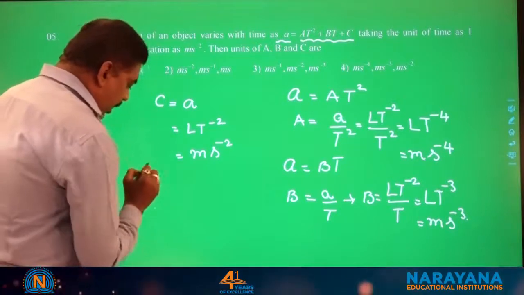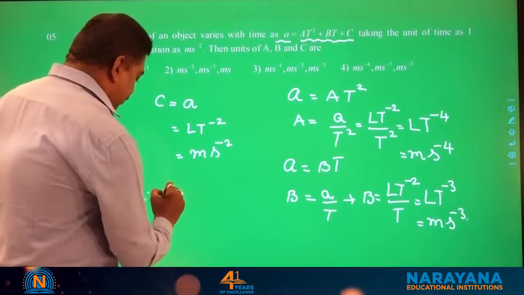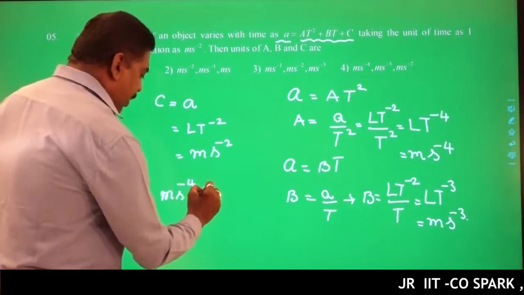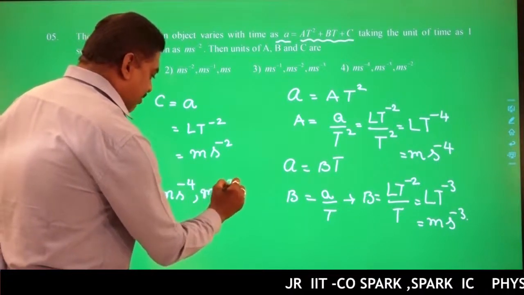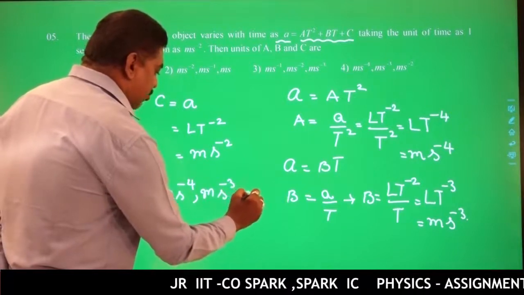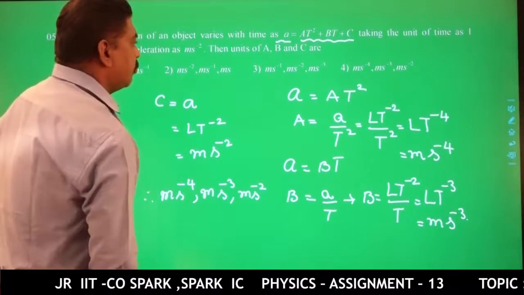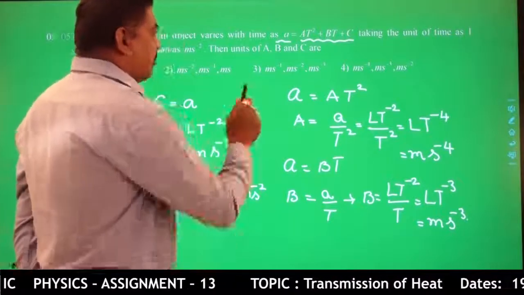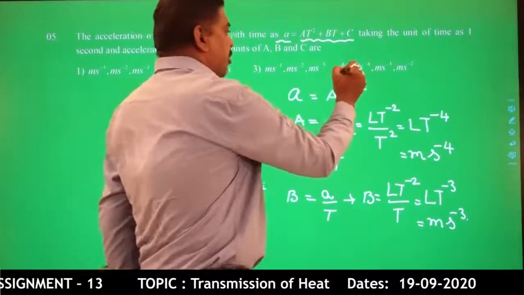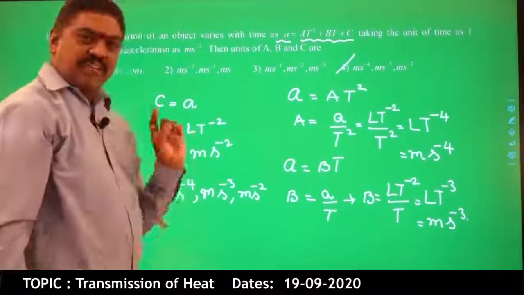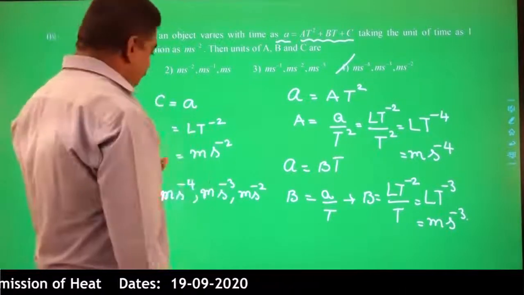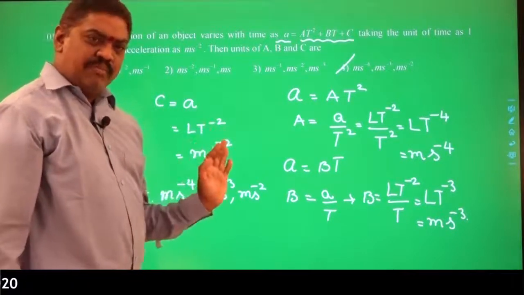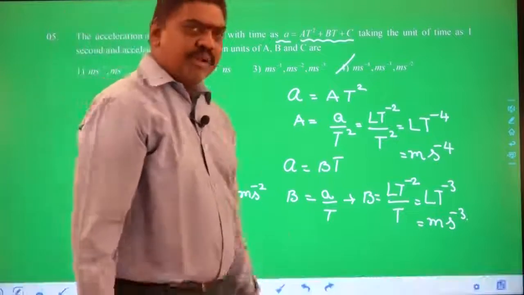Therefore, your units are m s to the power of minus 4, m s to the power of minus 3, m s to the power of minus 2, which is your fourth option. Got the idea, beta? Is it clear? Okay. All the 5 questions are completed right now. Is it clear? Okay. Thank you, beta.